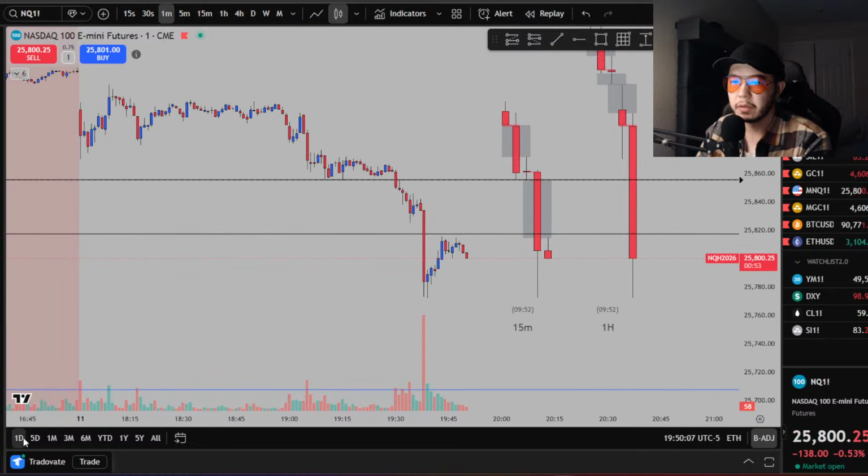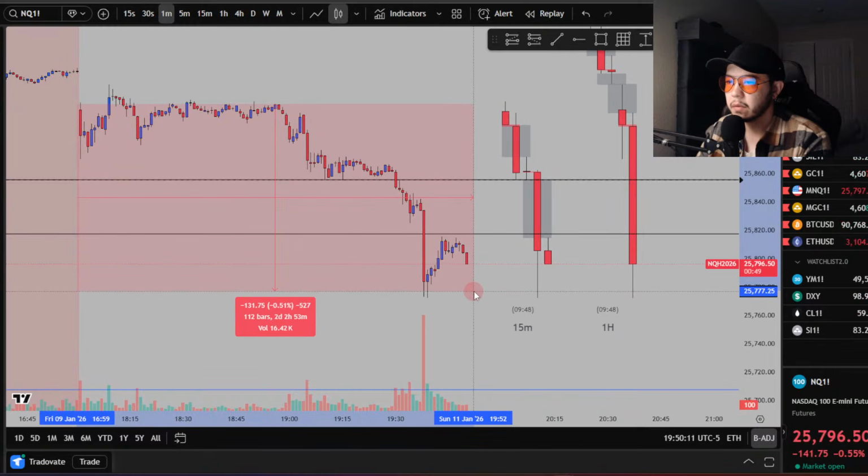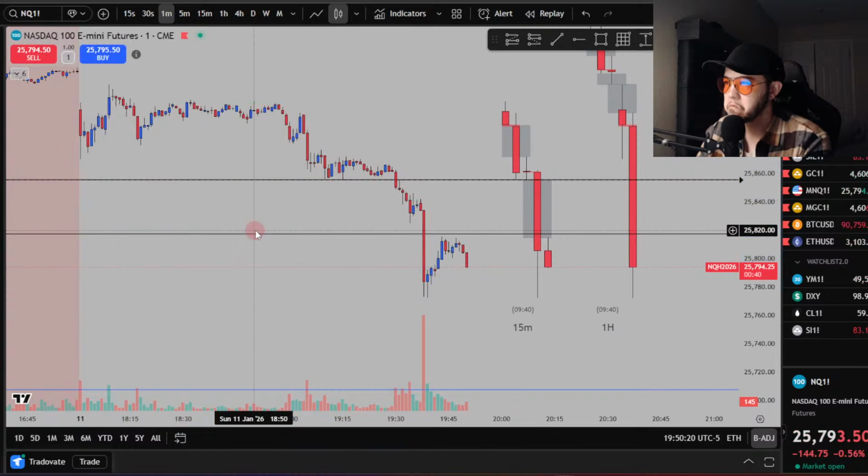Let me see how much NQ gave us. 500 ticks.